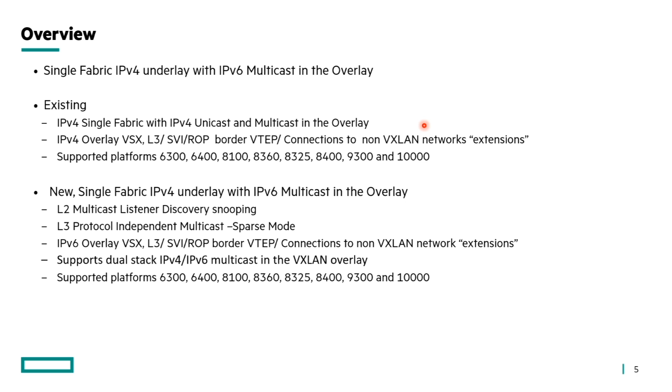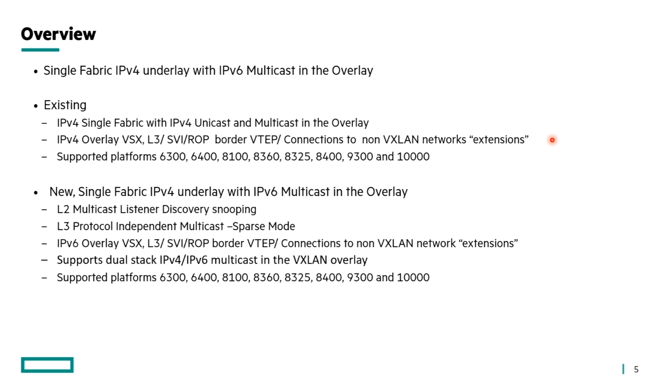So we currently support IPv4 single fabric with IPv4 unicast and multicast in the overlay, as well as supporting IPv4 VSX in the overlay. We also support border VTEPs with layer 3 SVIs and routing on ports.